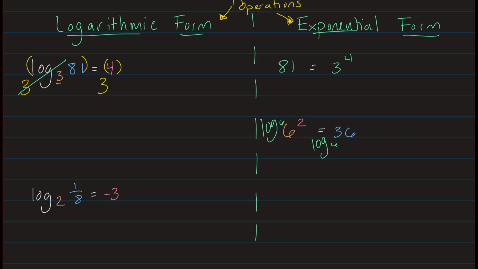Log base 6 of 6 cancels out, leaving us with just 2 on that left-hand side. And on the right-hand side, it remains log base 6 of 36.